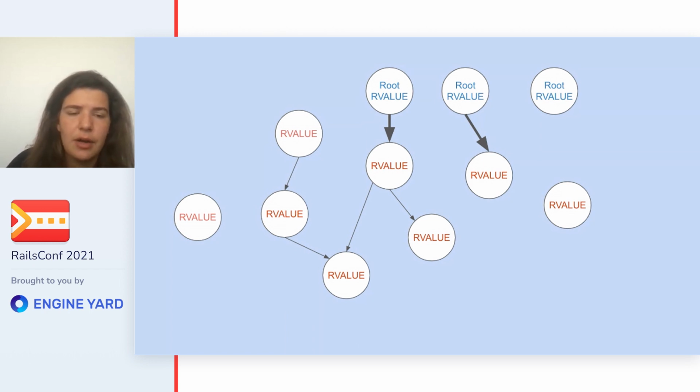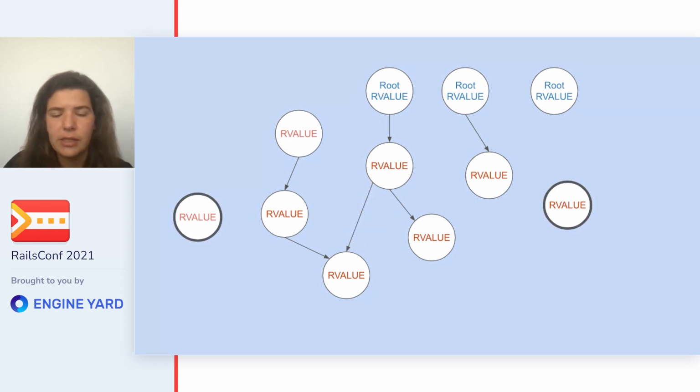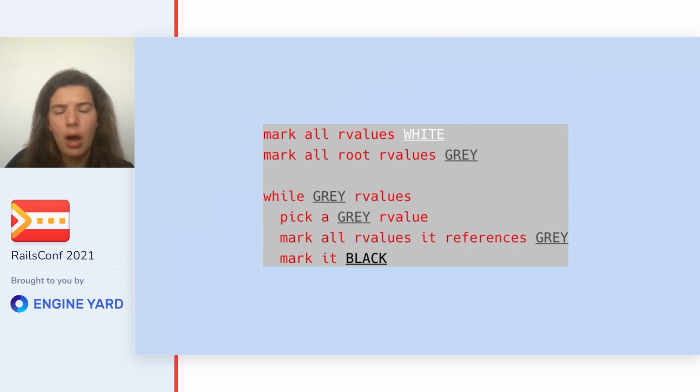We have some cases here where root R values reference other R values. We have some cases where non-root R values reference R values. We have some R values that just don't have any references. And so this should give us a pretty clear understanding of what's happening. And we'll walk through the algorithm.